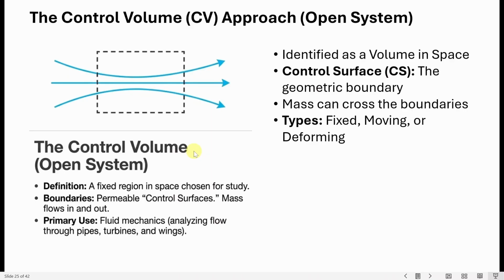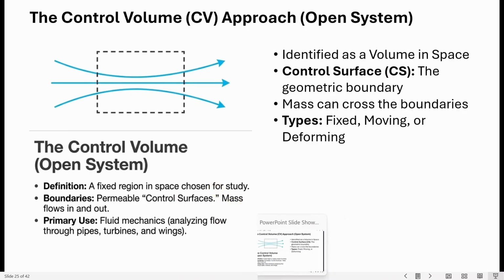Now we have one more approach, that is the control volume approach. This is different from a closed system because in the control volume approach, which is an open system, we have a fixed region in space that we choose for our analysis. It means that the region that we choose does not change, but mass can flow in and out.